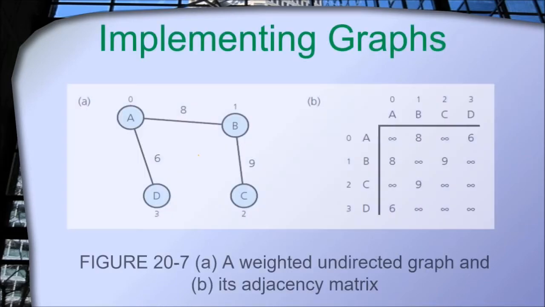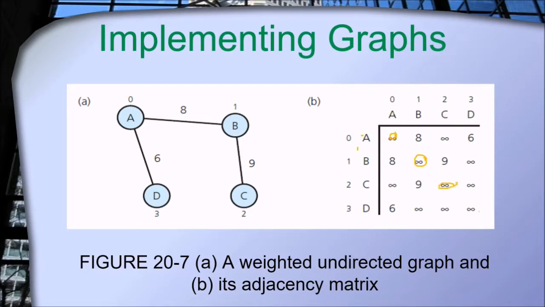But in the case of an undirected graph, see, this is an undirected graph. Again, we take the vertices A, B, C, D along both the rows and columns. The self edge will be infinite.